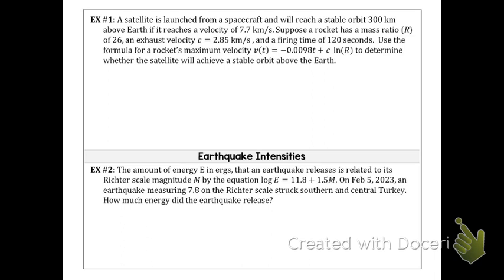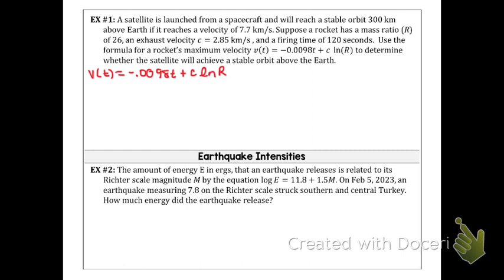So we know that V of t is equal to negative 0.0098 t plus C natural log of R. All right, well, they gave us our variables, with velocity being what we're after.